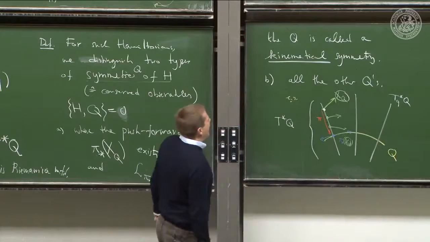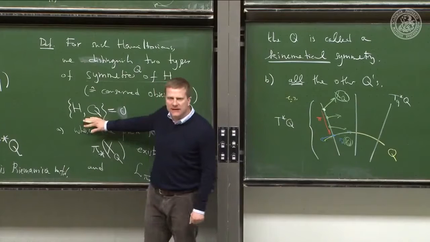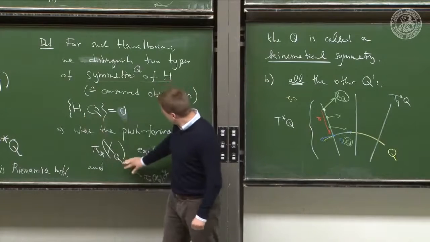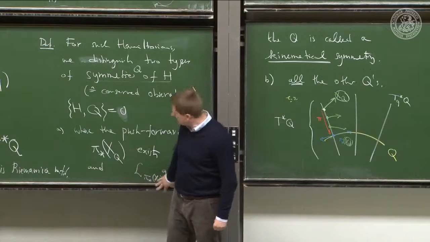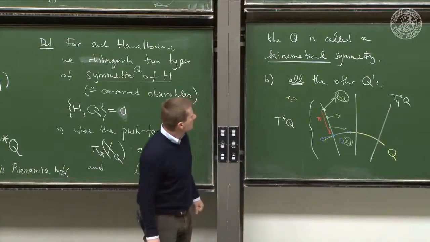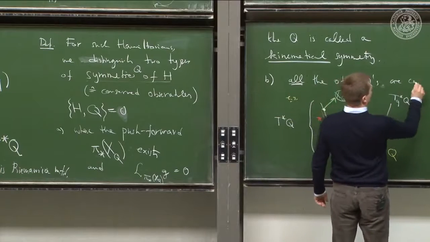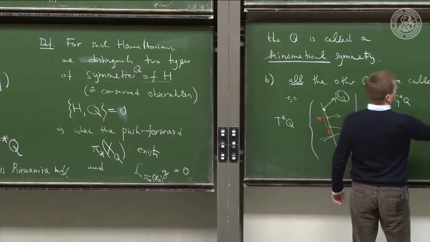Okay. And all the other conserved quantities we find in classical mechanics, where, for instance, this guy doesn't even exist and we don't need to check more, are called dynamical symmetries.